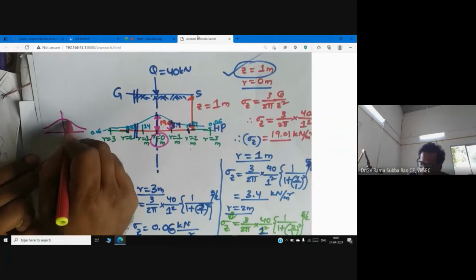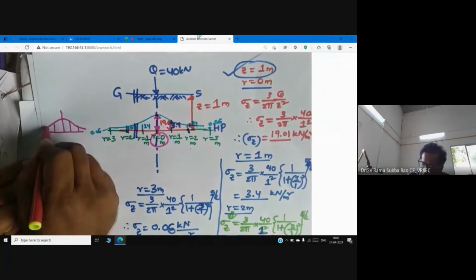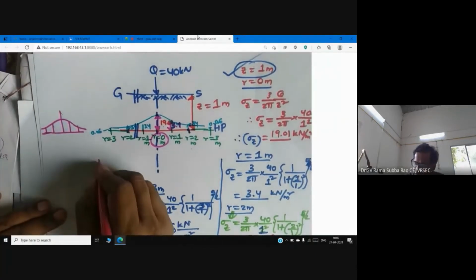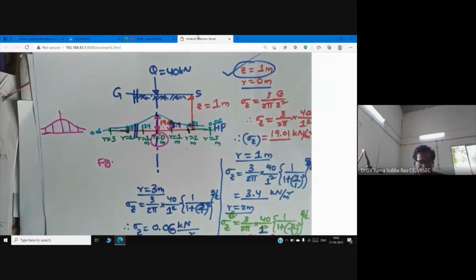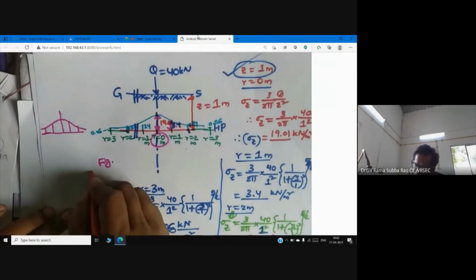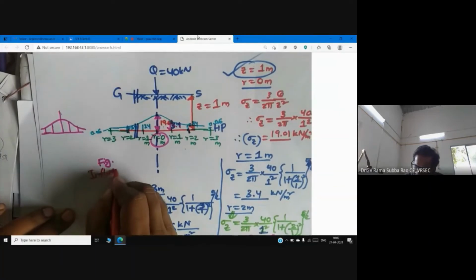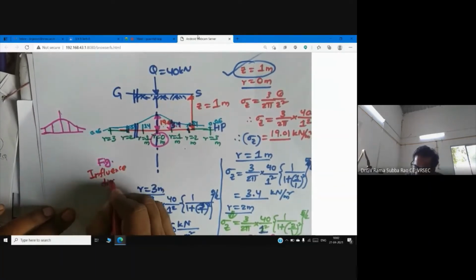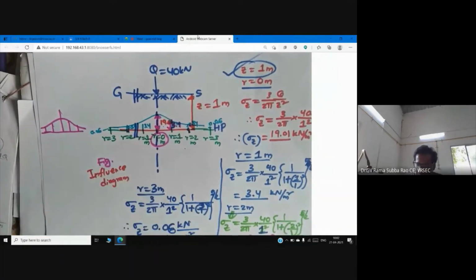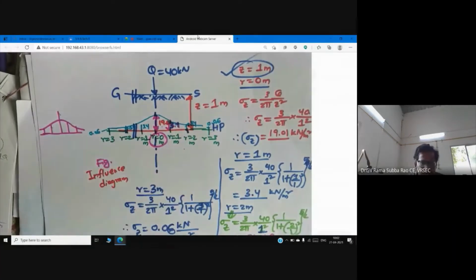This is the answer actually. This is the way the stress is distributed. This figure is called the stress influence diagram. So now, by seeing this picture, can anyone comment on it?